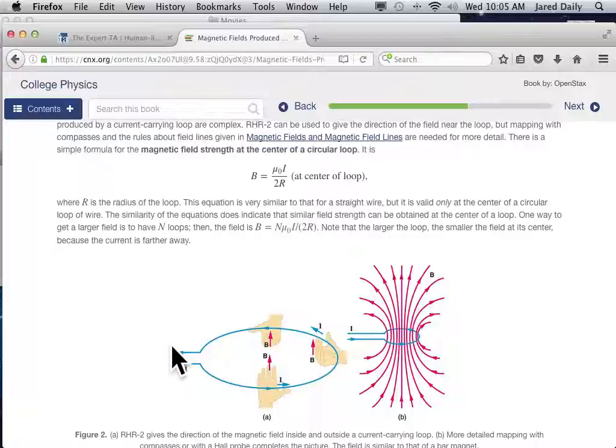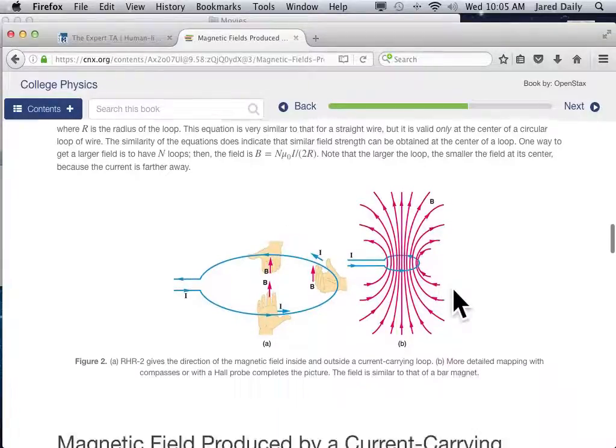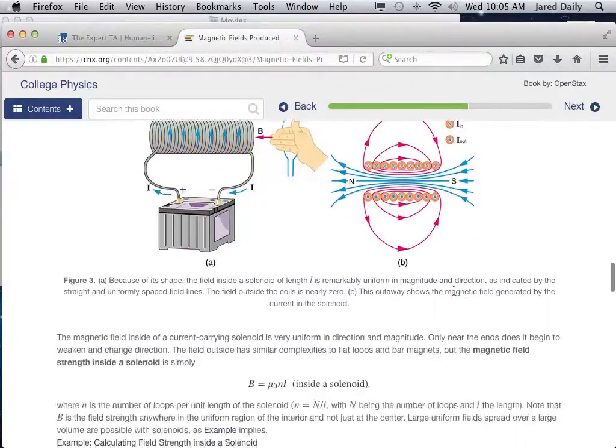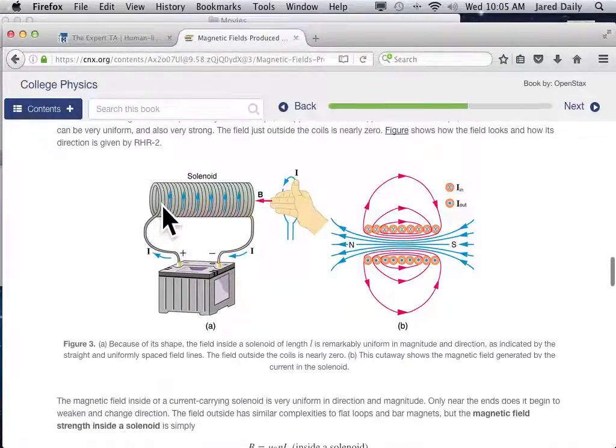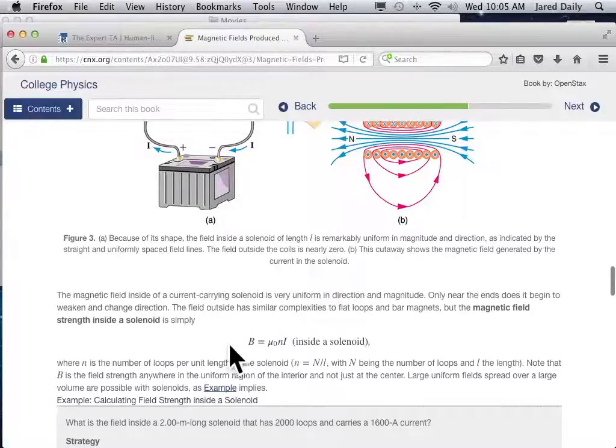And we had the same thing for more than one loop, because we were talking about torques, and those came from magnetic fields. So if you have more than one loop, you just multiply by n. But the interesting thing is that if you have a whole bunch of loops, and they end up making a long tube of loops, then the magnetic field inside the solenoid becomes very, very constant.